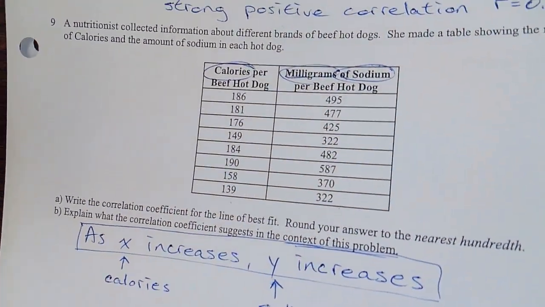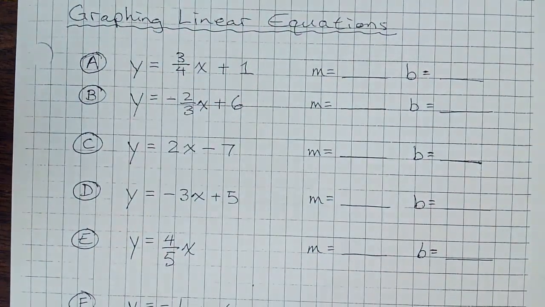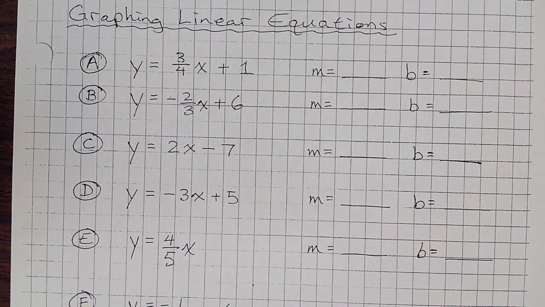Right. Okay, so that was the homework yesterday. How many of you got most of them correct? Okay. So today, very important lesson. So you know how a few days ago I said slope was the most important lesson?